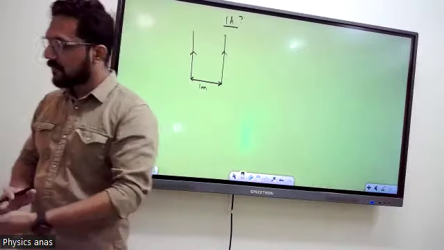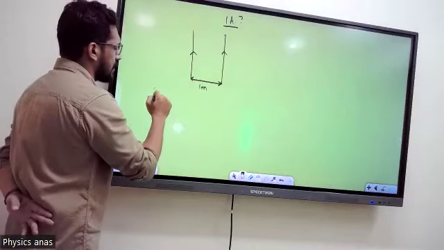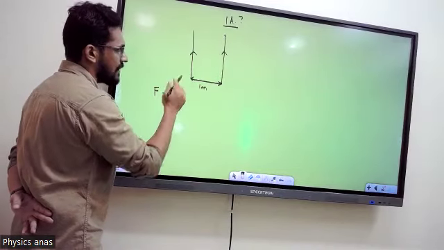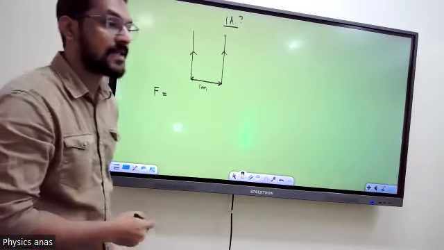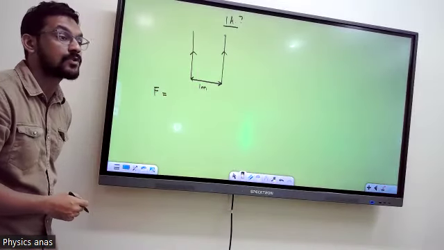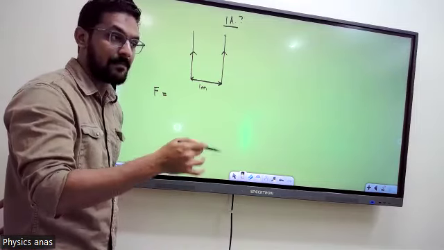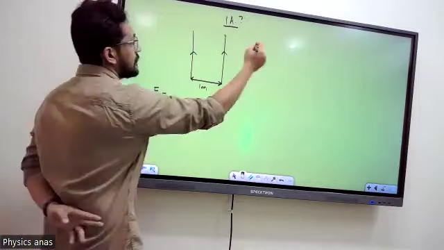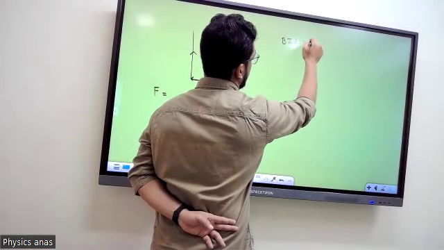You have to find the current passing through it. What is the equation for the force between both of them? This is BIL sin theta.